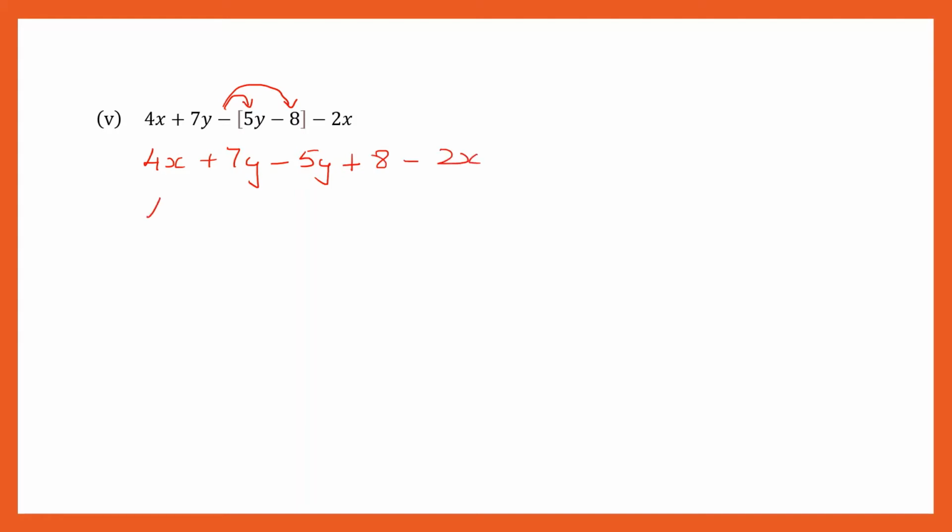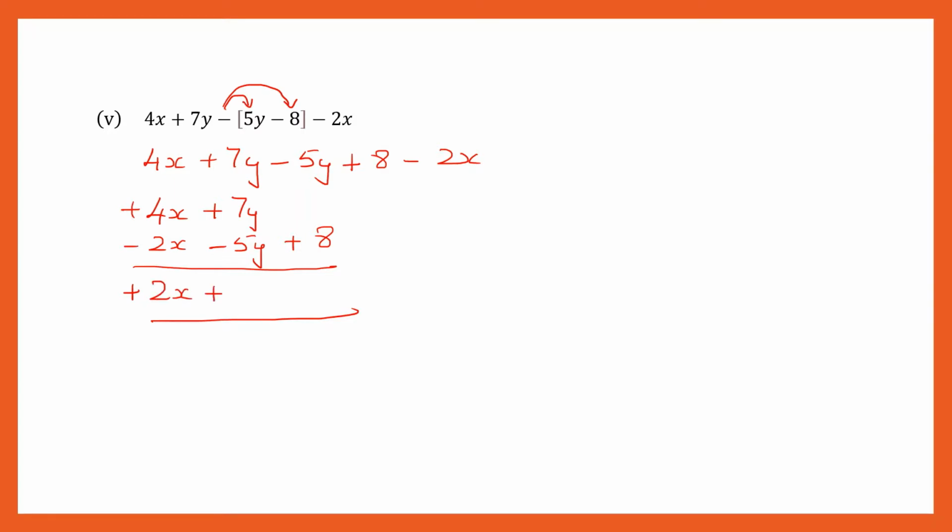So let's arrange it. 4x plus 7y, and we'll put minus 5y plus 8 minus 2x. So let's work this out. This is plus. Signs are different. 4 minus 2 is 2x. Signs are different. 7 minus 5 is 2. 2y plus 8.